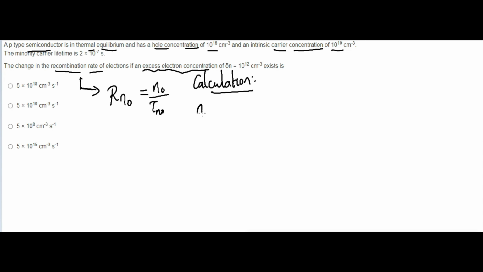First, n0 is equal to ni squared divided by p0. Don't forget the formula.